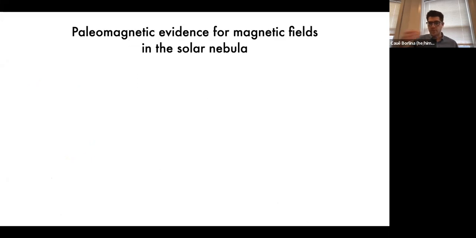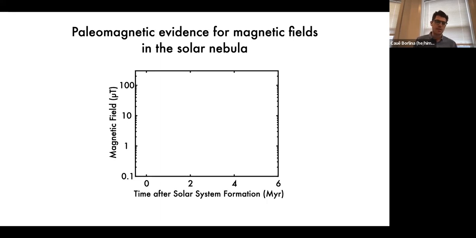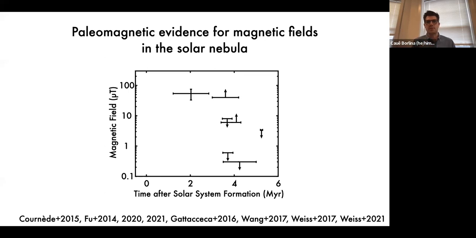And in fact, there have been previous studies that have looked at meteorites and their components, specifically paleomagnetic measurements of meteorites and components. On the x-axis here, I'm showing time after solar system formation in million years. On the y-axis, I'm showing strength of the magnetic field. What you're seeing here is a compilation of measurements of the magnetic field of the solar nebula during the first about 6 million years of the solar system formation.